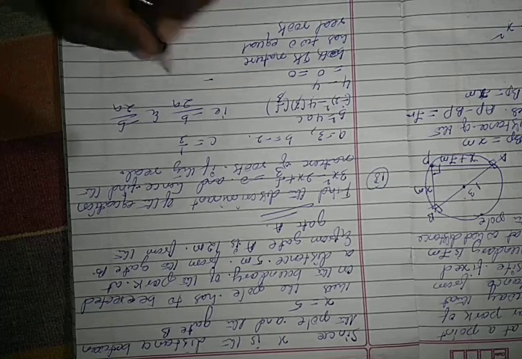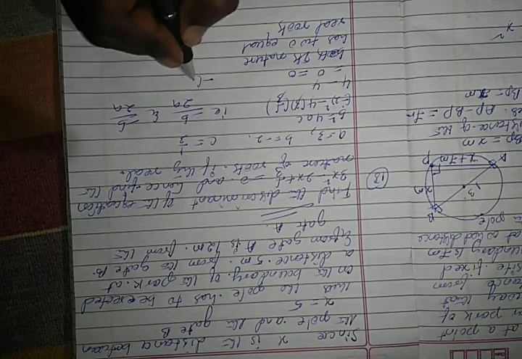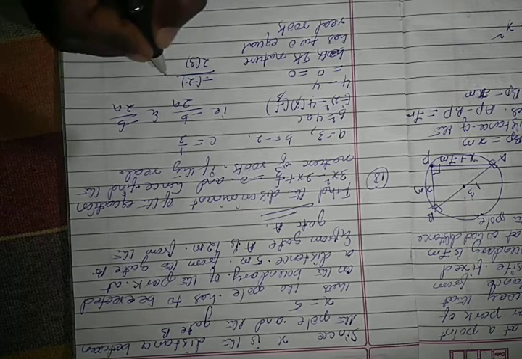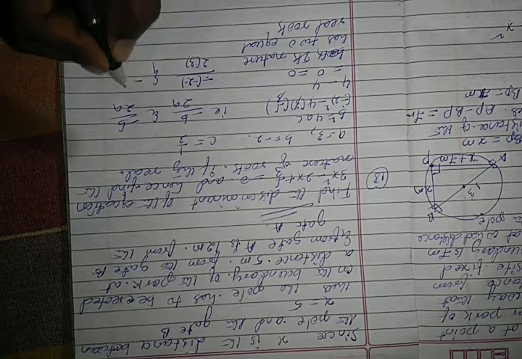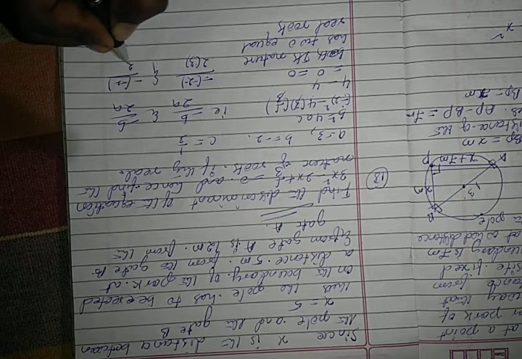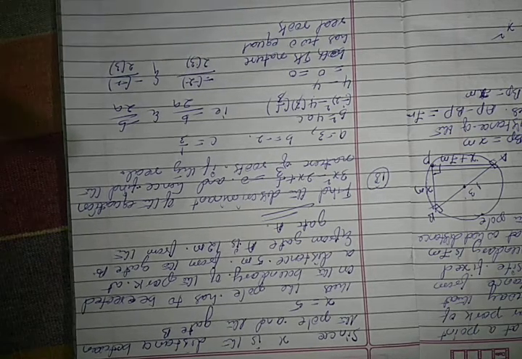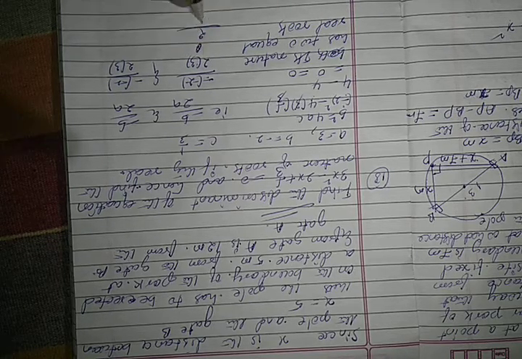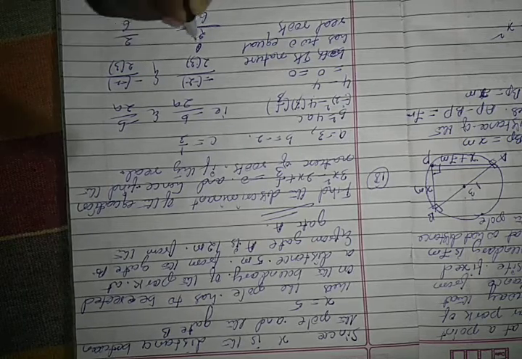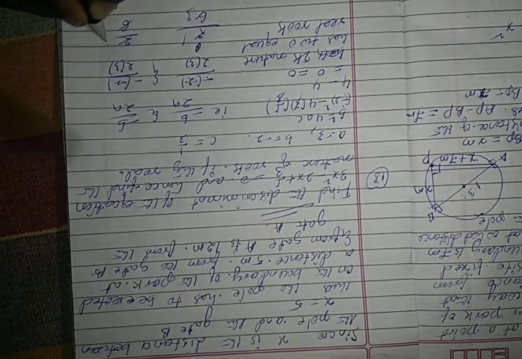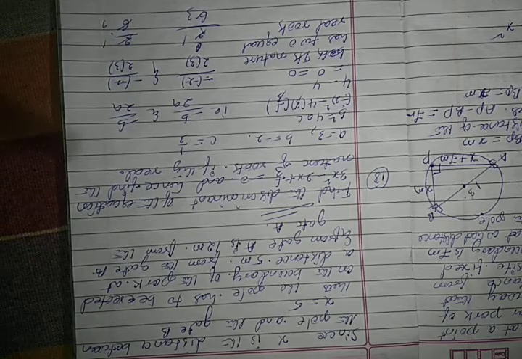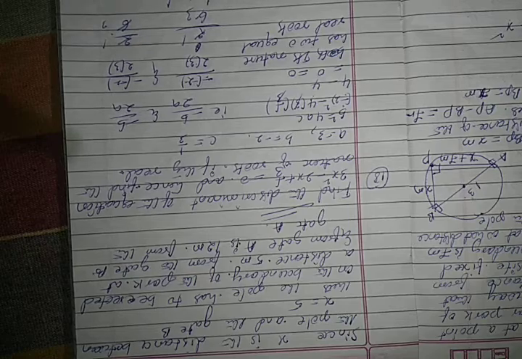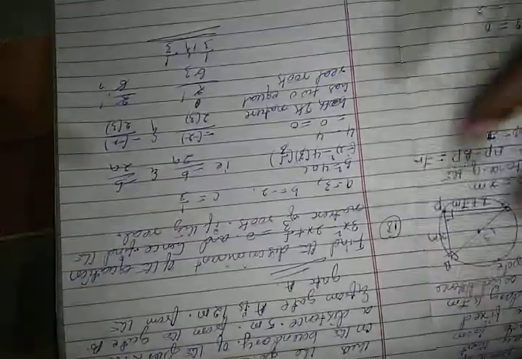Minus of minus 2 divided by 2 into 3, that is plus 2 divided by 6, which is 1 by 3. So the roots are 1 by 3 and 1 by 3. There are two equal real roots, that is 1 by 3 and 1 by 3.